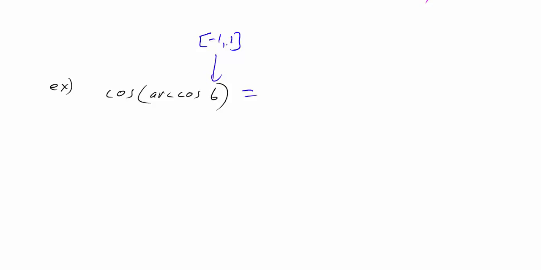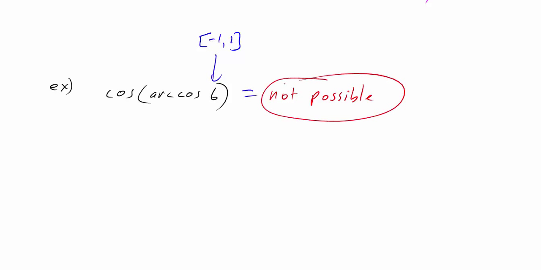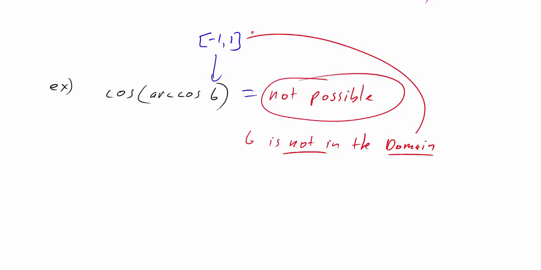Now this is a little bit different because we're not able to take the arc cosine of this, so here your answer would simply be not possible. Okay, 6 is not in the domain. Again, it's not within this domain of negative 1 to positive 1.